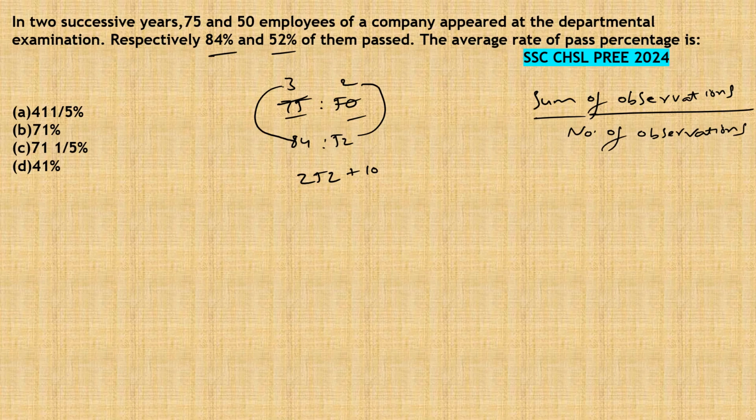Now the number of observations is 3 plus 2, that is 5. 356 divided by 5 is 71 1/5 percent, that is option number C.